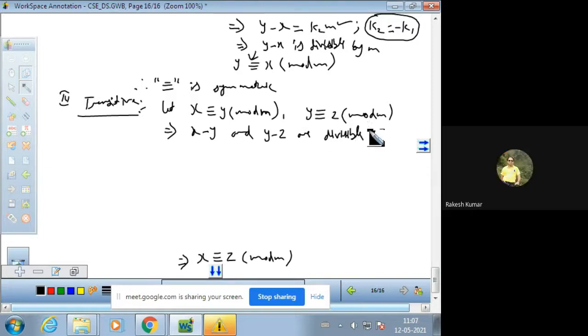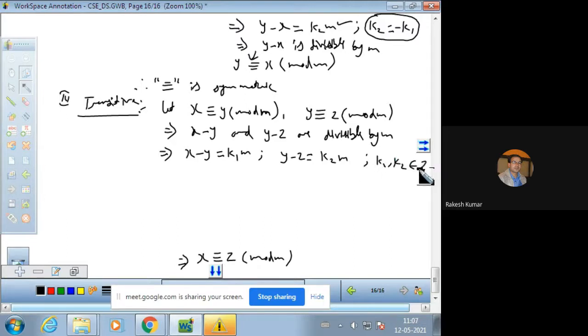Now from this it means x minus y and y minus z are divisible by m. So if these are divisible by m, then x minus y can be written as k1 into m, and y minus z can be written as k2 into m, and k1, k2 are integers.